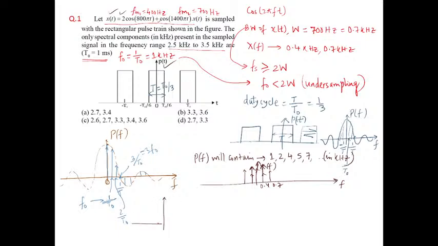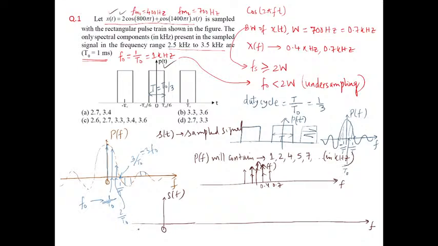Now let us draw the spectrum of the sampled signal only for the, let us suppose that s(t) is the sampled signal. Then what will be S(f)? We are drawing it only for the positive frequencies.